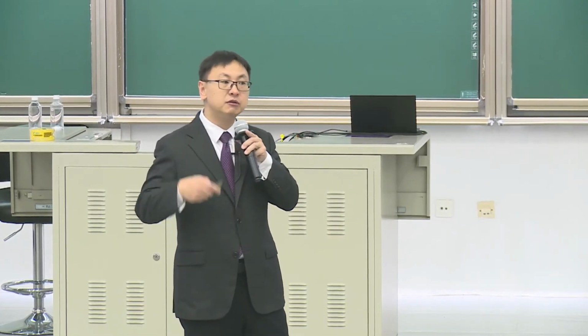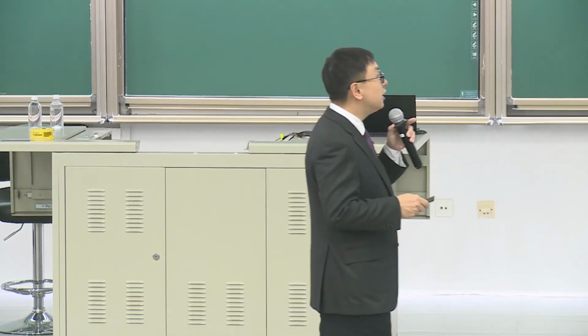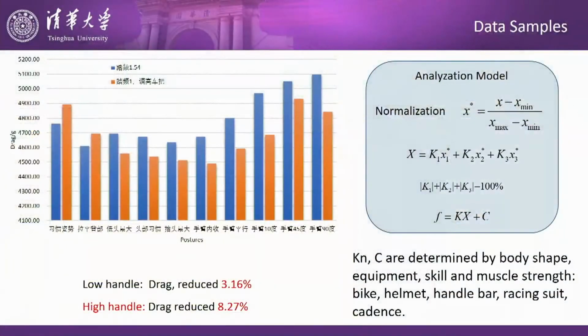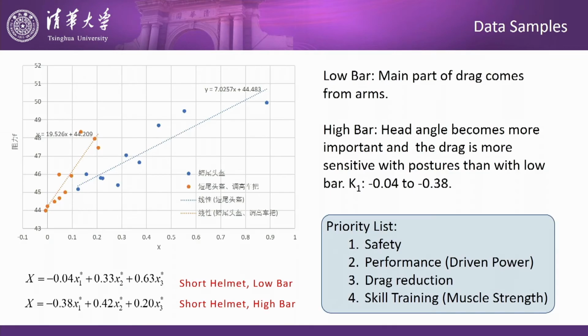We do normalization for the gesture parameter, and we use an analyzation model to fit it. What do we have? We have this number. Suddenly, a bunch of data came to a single line. All right, we have X with different K1, K2, and K3.